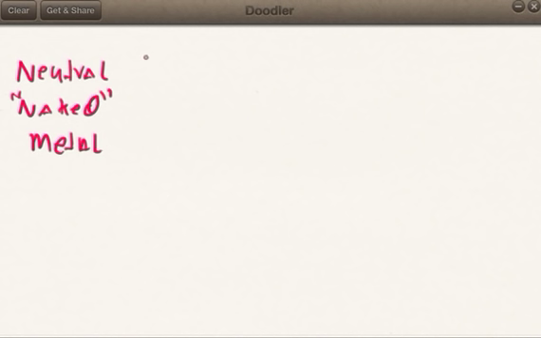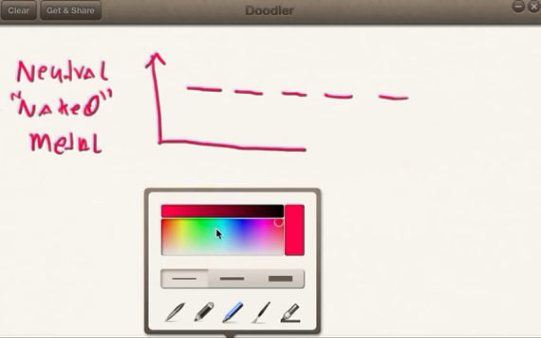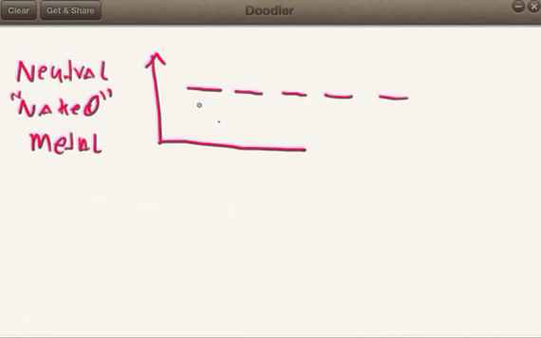Okay, the d orbitals are degenerate. So if this is energy here, these are the d orbitals. I've got 1, 2, 3, 4, 5. And I'll actually just review the names of them because occasionally that is important.